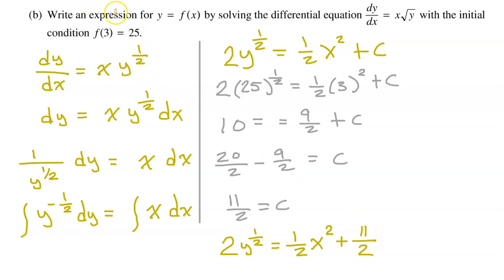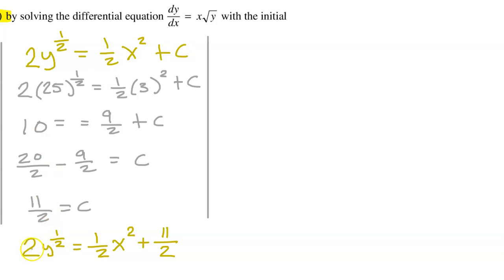When they say write an expression for y equals f of x, it means write y by itself. To get rid of the 2 in the front, we can divide both sides of the equation by 2. So that will leave us with y to the 1/2 power is equal to 1/4 x squared plus 11 over 4.